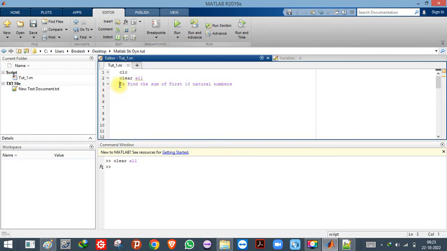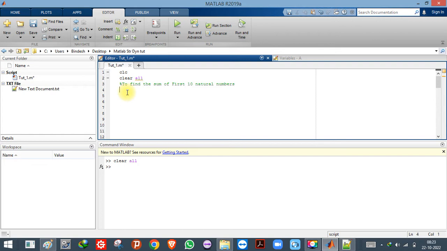To write a comment, you just have to add a percentage sign. So this will not be considered code, and it will just be used as a comment. Now let's say we need the sum of the first 10 natural numbers.